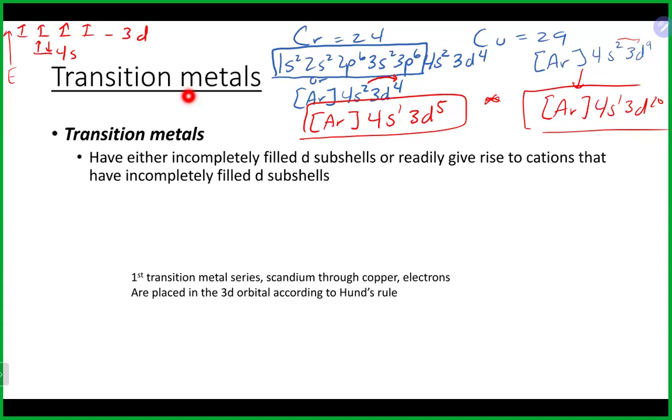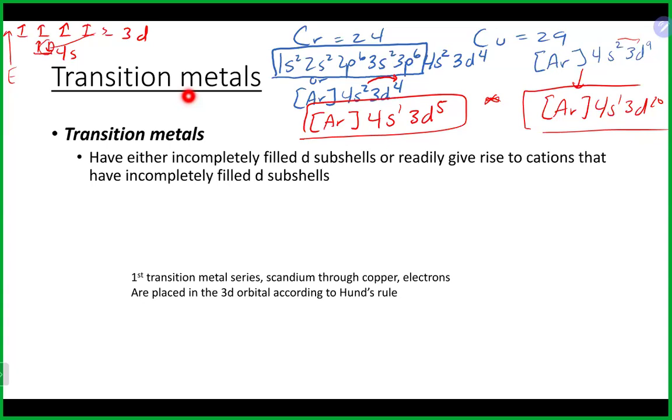But it doesn't take a lot of energy to move that electron up there because they're so close in energy to each other. What that does in terms of stability, if you think about it, is we really maximize a lot of parallel spin there, right? By doing that, we maximize parallel spin. Hund's rule makes it more stable.